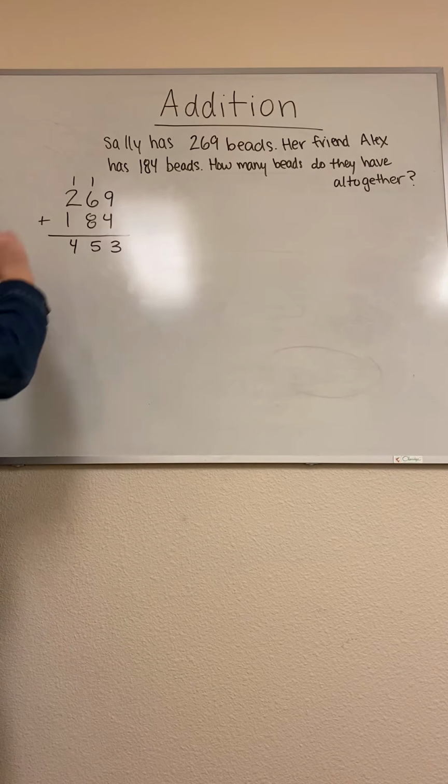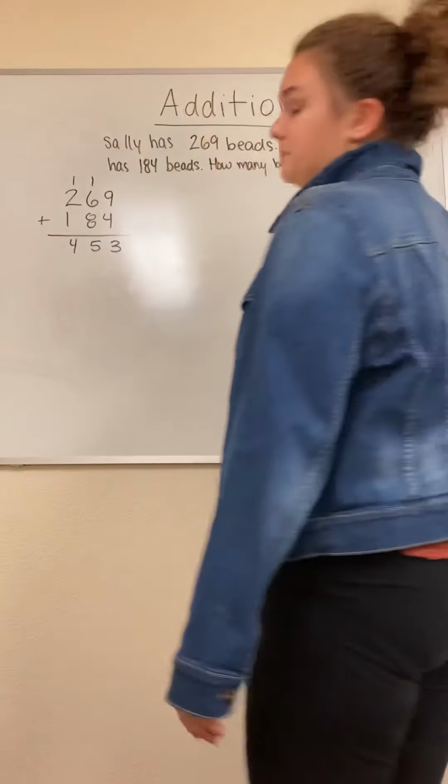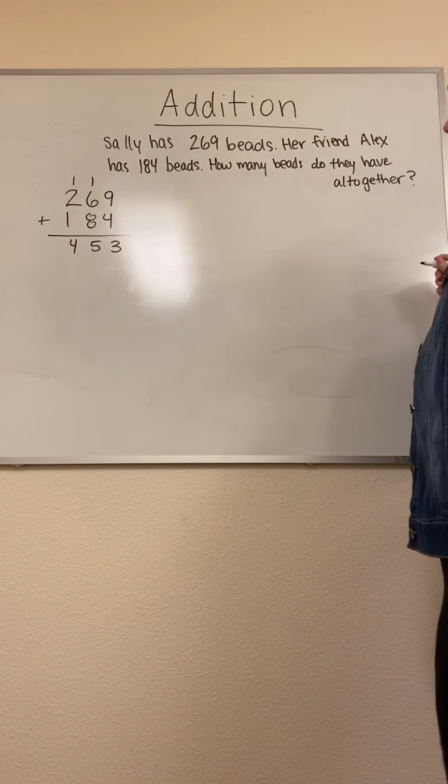But why does all this work is what I'm going to show you over here. So I'm going to draw this out in manipulatives. We're going to start with the ones place.